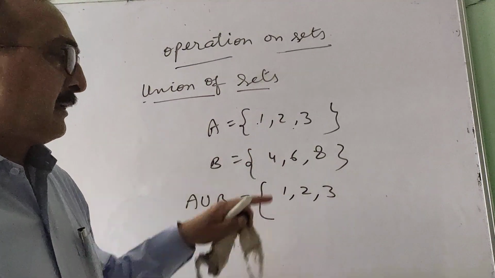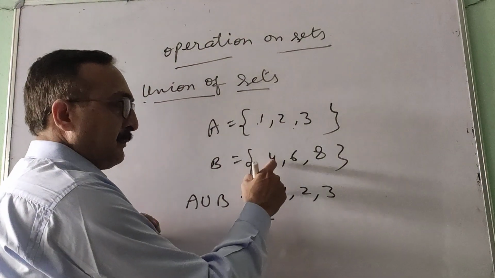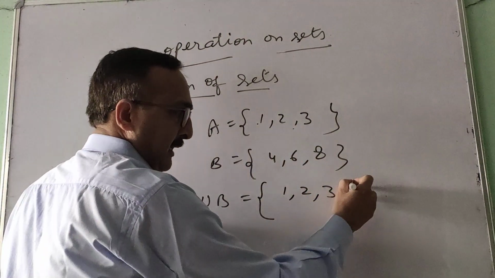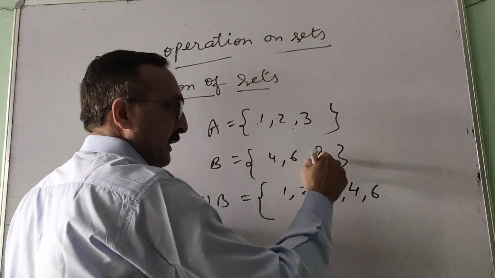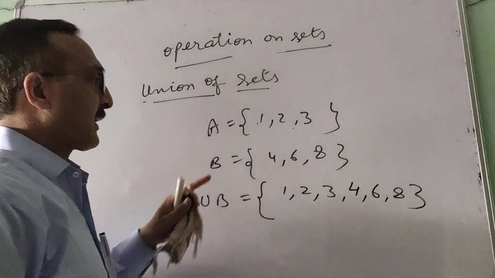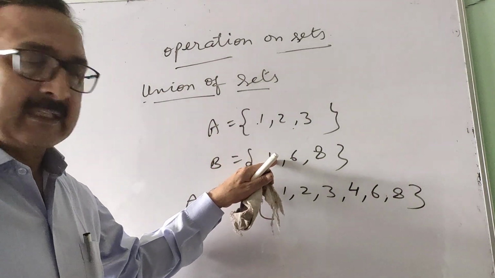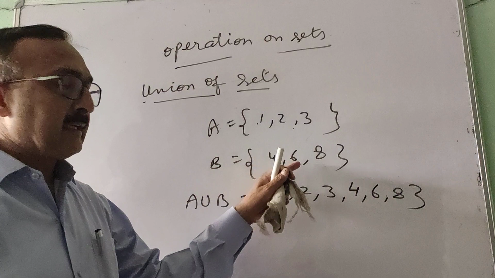Now I come to set B. This is 4, but 4 is not in A, it's not common, we have to write it. 6 is here, but 6 is not there, we have to write it. 8 is here, 8 is not there, we have to write it. So now you see 3 elements in set A, 3 elements in set B, and combined elements 3 and 3, 6.